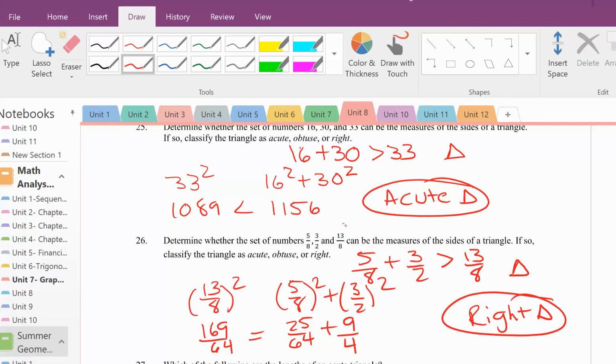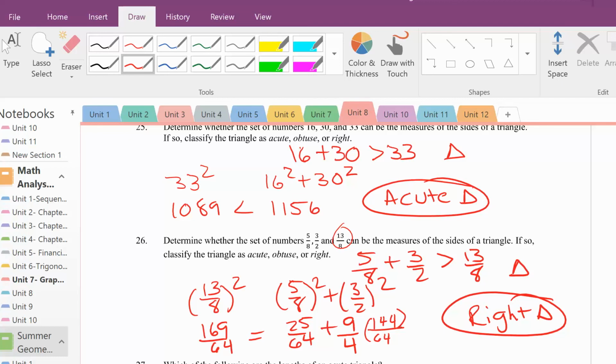The next one, 13 eighths is the largest one. So therefore, 5 eighths plus 3 halves is greater than 13 eighths, so it's a triangle. And then when you compare 13 eighths squared to 5 eighths squared plus 3 halves squared, it's actually equal, because 9/4 is the same as 144 over 64, since 4 goes into 64 16 times, and 16 times 9 is 144.